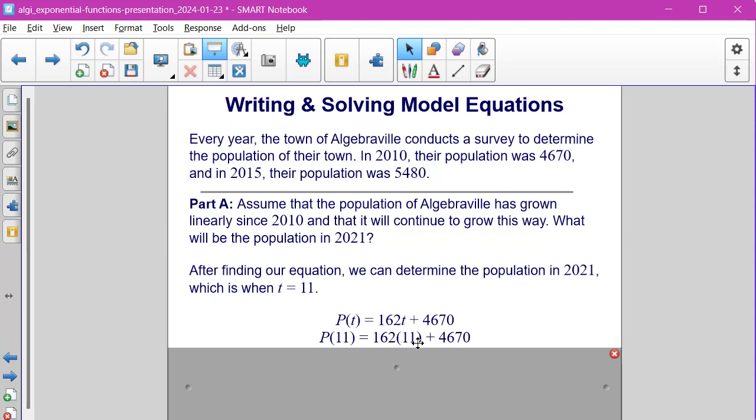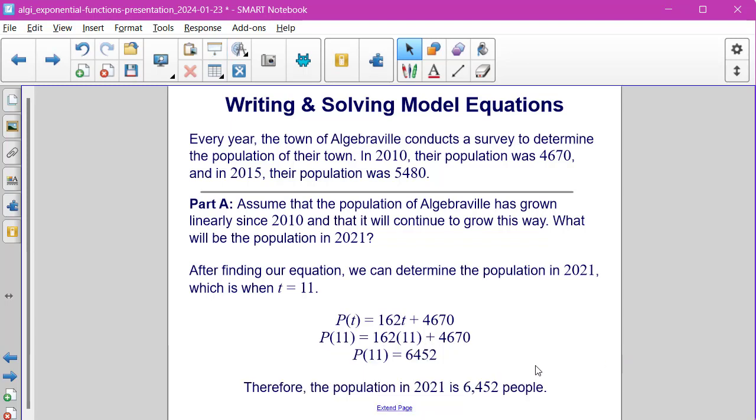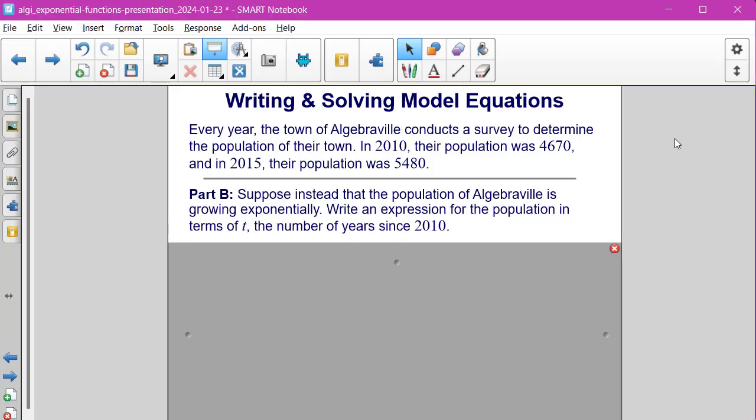And when we multiply 162 times 11 and then add 4,670 to it, our final answer will be 6,452. Therefore, the population in 2021 is 6,452.